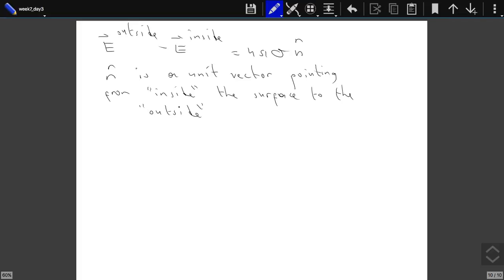So this is how we define the inside and the outside. So if this is our surface, if we choose the z-axis as our n direction, then outside is region 1, inside is region 2, and n is z.